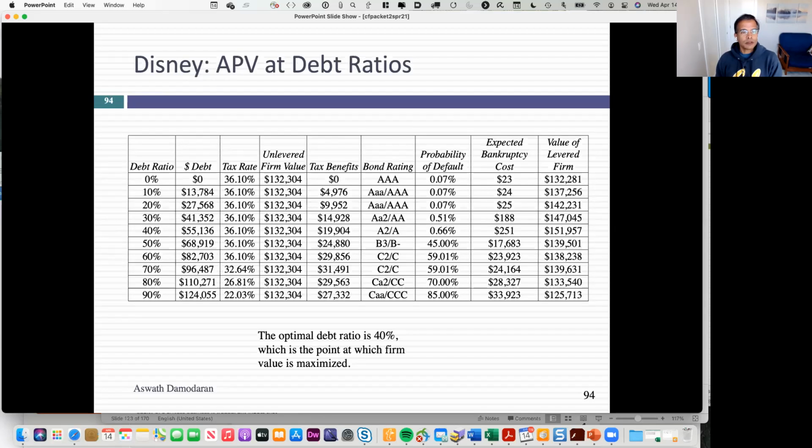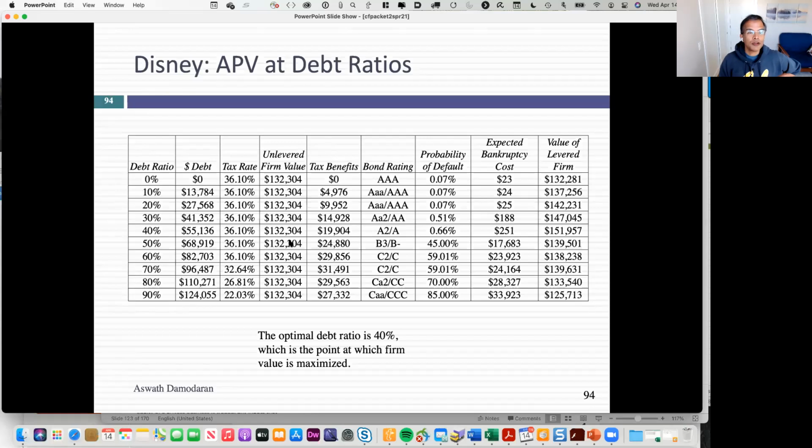Okay. Kushal? Professor, can you just explain one more time how you calculated the expected bankruptcy cost in this table? So what you do is you take the probability of default, multiply it by the unlevered firm value plus the tax benefit. So you add those two numbers up, you get the value of the firm with no bankruptcy cost. So for instance, let's take a middle number, 50% debt.